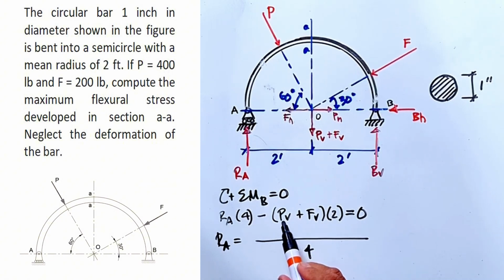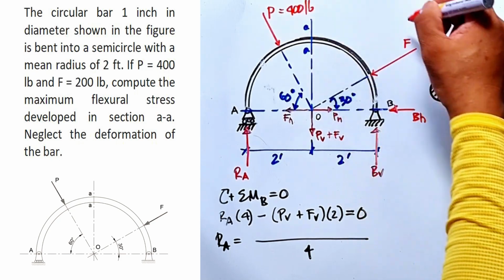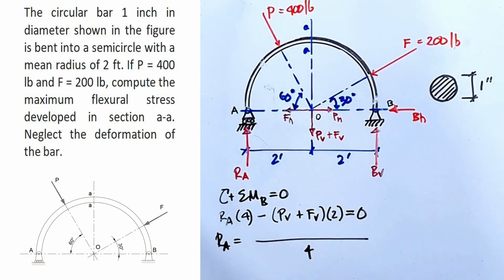PV is the vertical component of P, and P is 400 pounds and F is 200 pounds.